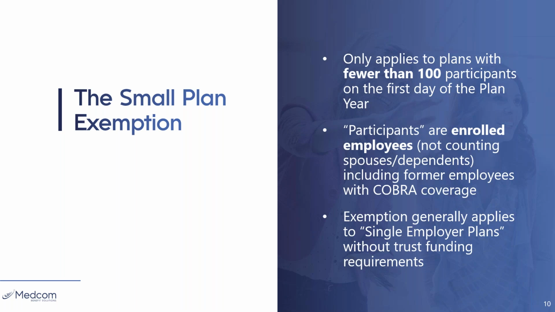So single employer plans, we're thinking of those that are not MEWAs, right? And anything that would be a controlled group would be considered a single employer plan, not an affiliated service group, but rather a controlled group or quite literally a single employer.